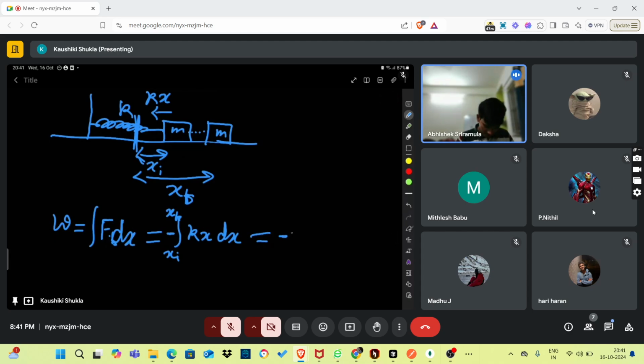So this will come out to be negative half k times x final square minus x initial square. This is the work done by the spring force.